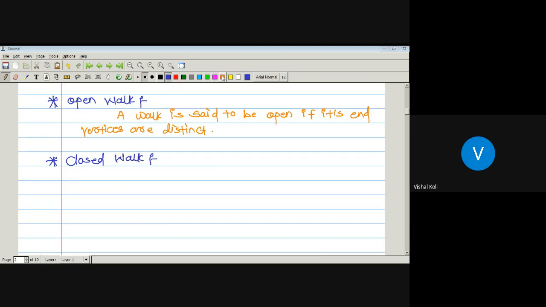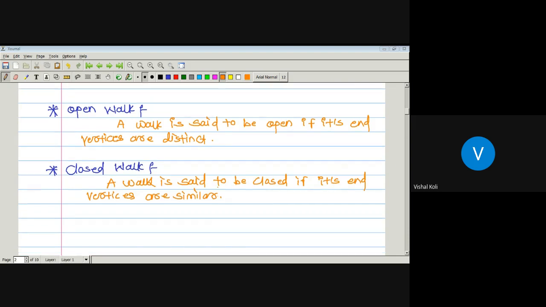A walk is said to be closed if its end vertices are similar. Okay. So any walk is said to be open if its end vertices are distinct, and it is said to be closed if its end vertices are similar.